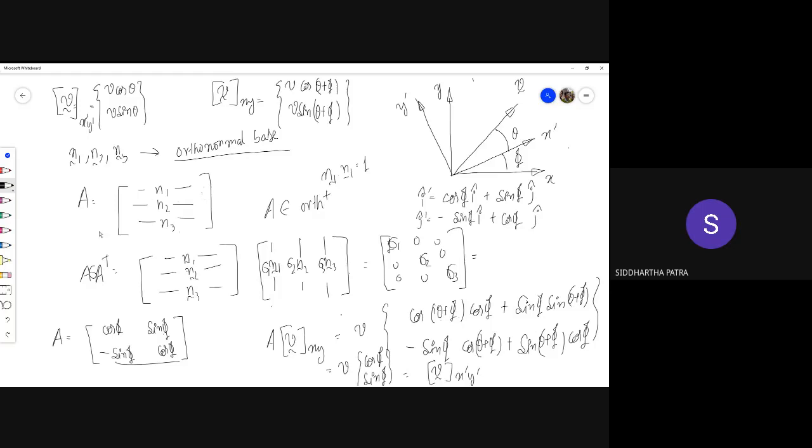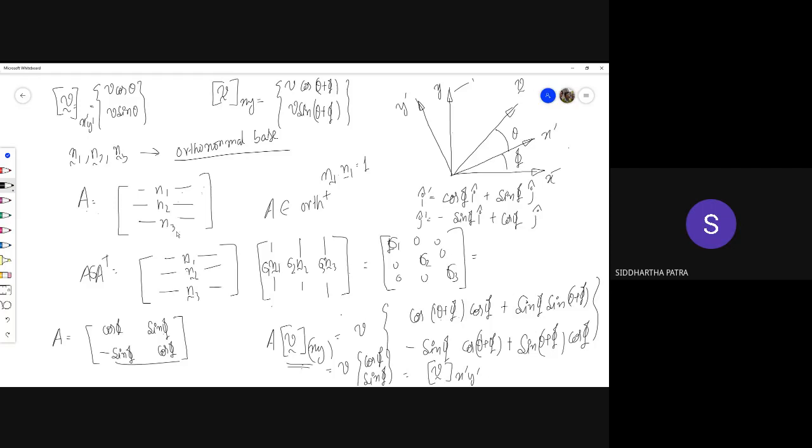So if you make an orthogonal tensor with all the principal directions represented in the global XY coordinate system, and then multiply that to a vector in the global Cartesian representation, you get the vector in that principal basis, that is the n1, n2, n3 basis.